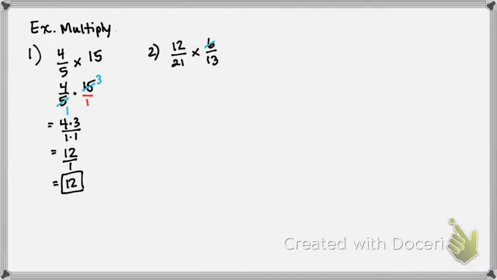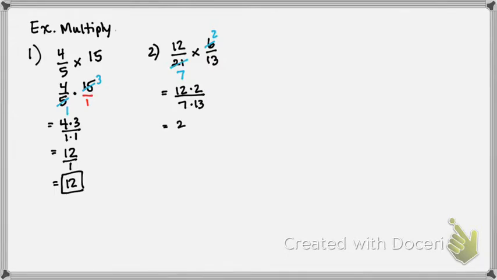So 6 divided by 3 is 2. 21 divided by 3 is 7. So now I'm going to look and see if there's anything else. 12 and 7, 2 and 13, nope. So I'm just going to go ahead and multiply straight across. So that's going to be 12 times 2 over 7 times 13.